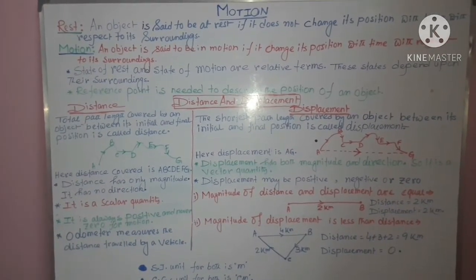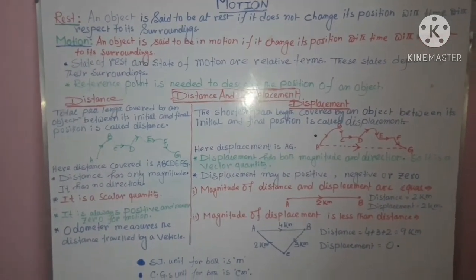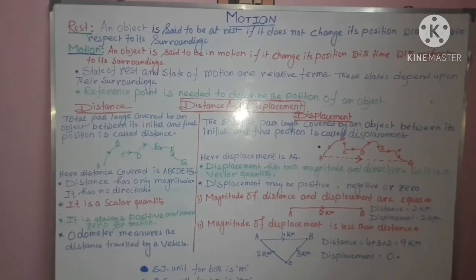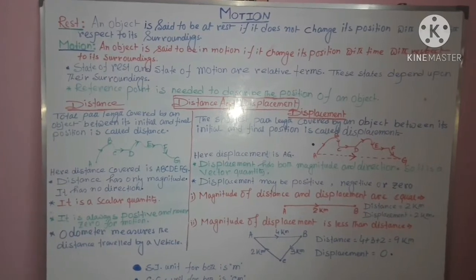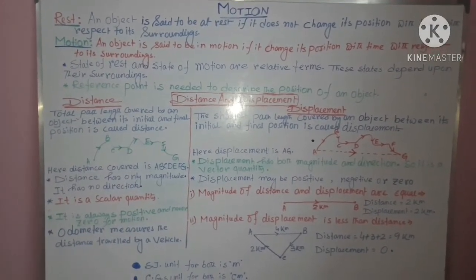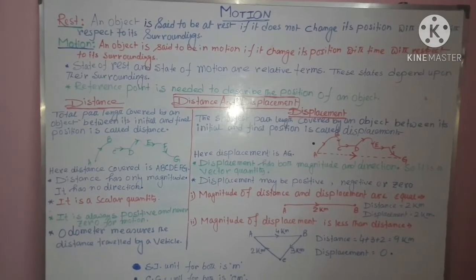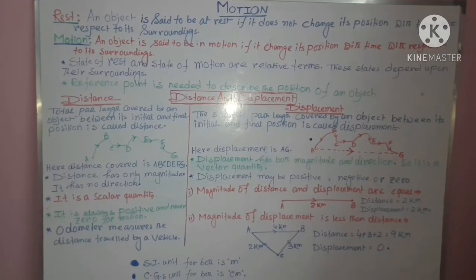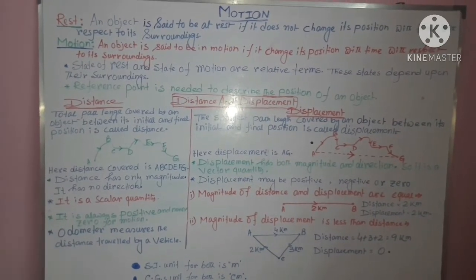So your friend at the same time is in motion as well as at rest. But that motion and rest of your friend depends on the position of the observer. That's why you can say both rest and motion are relative terms.